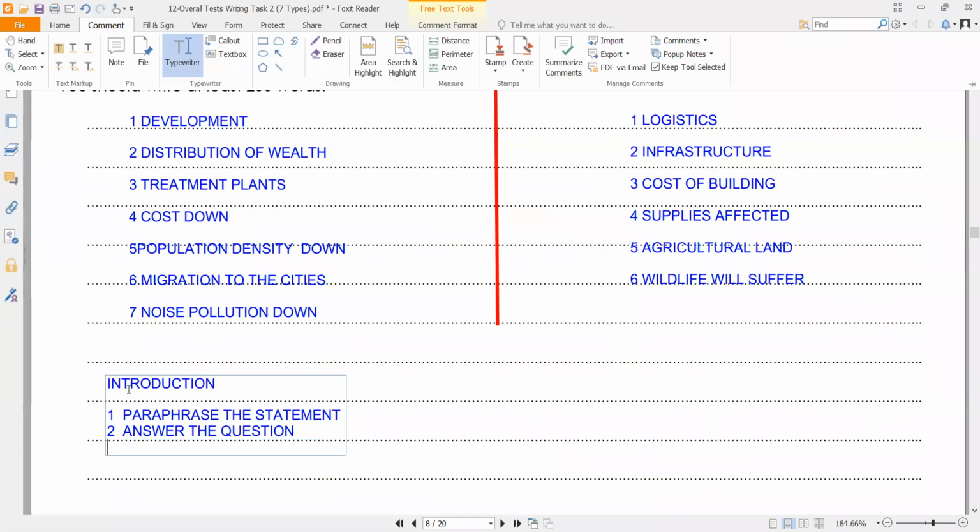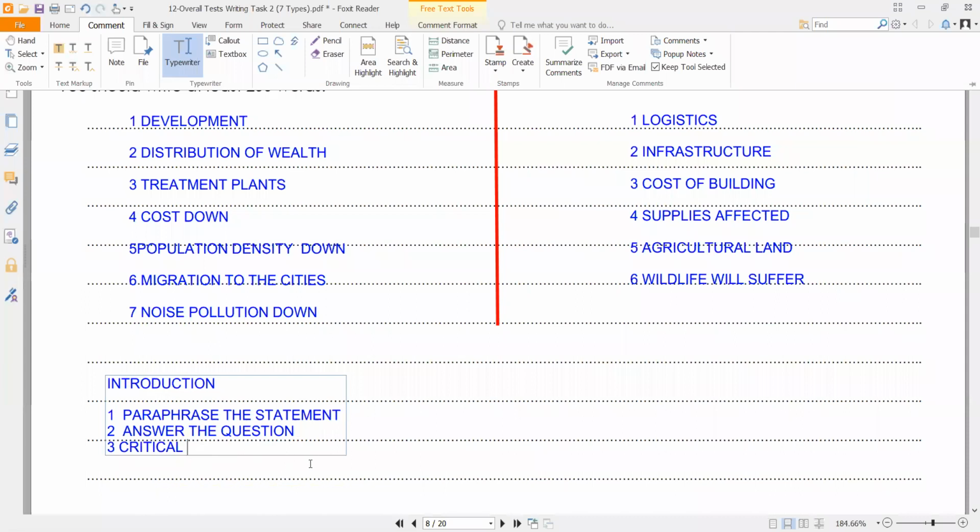Number three is critical balance, like we talked about it in our first class as well. So paraphrase the statement. This is the first thing. Let's go one by one. The second one is answer the question. The third one, critical balance.